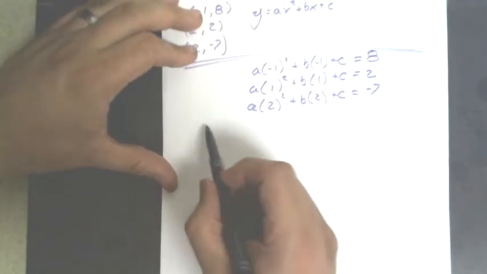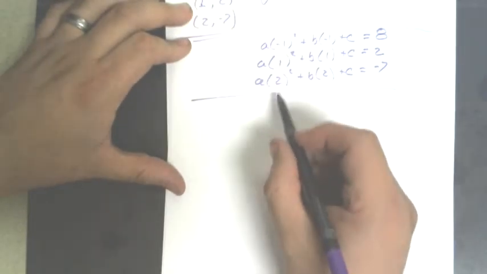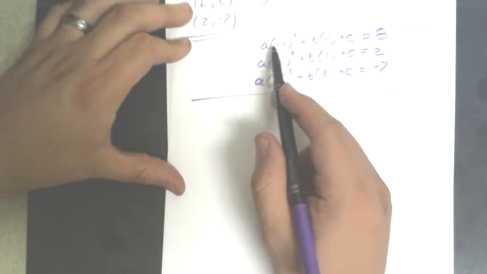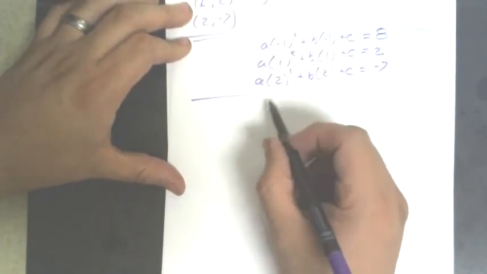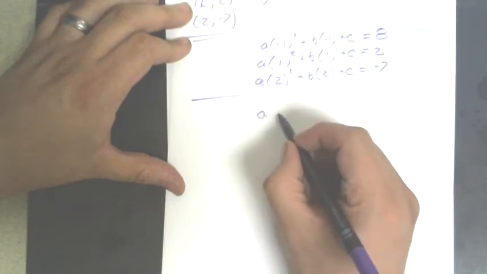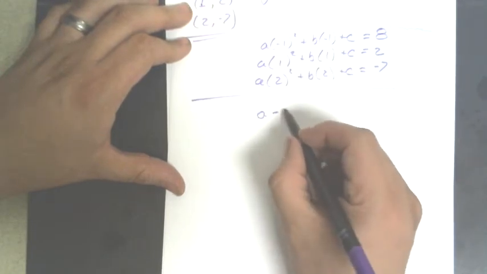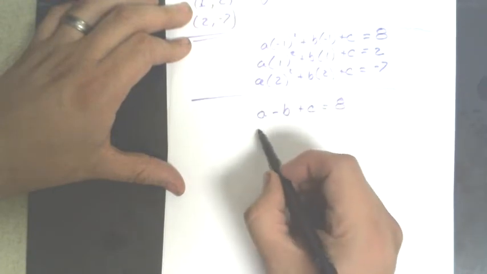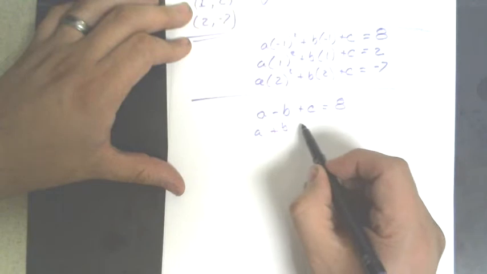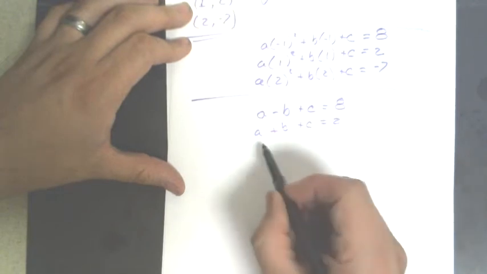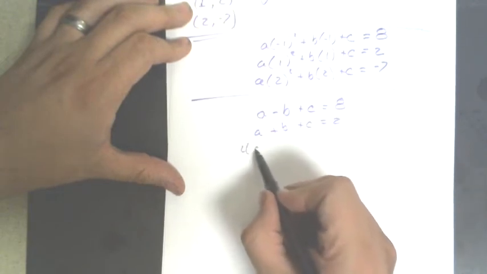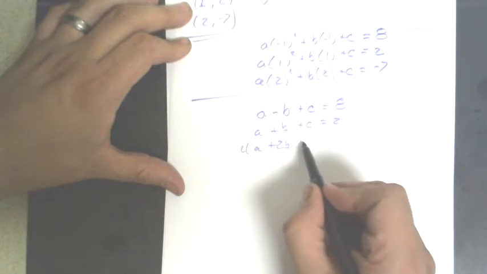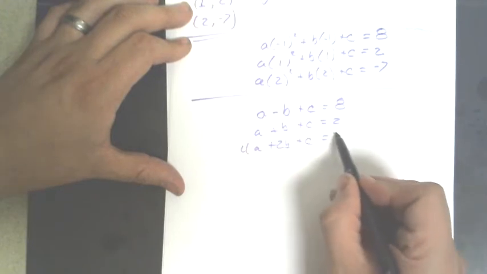We can simplify them a little bit, because the negative 1 squared just turns into 1, and a negative 1 times b, so a minus b plus c equals 8. a plus b plus c equals 2. And 4a plus 2b plus c equals negative 7.